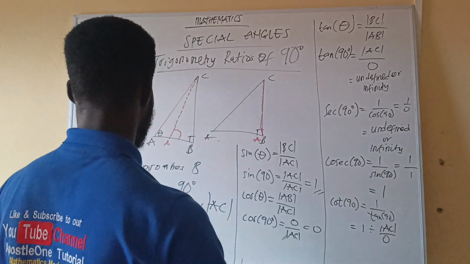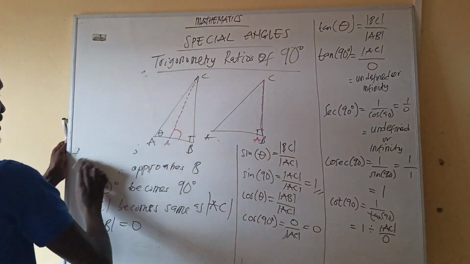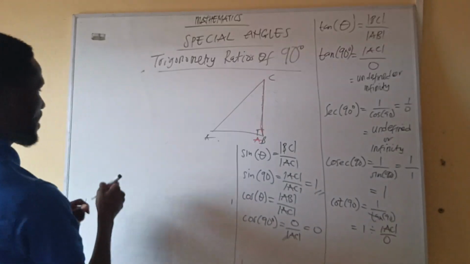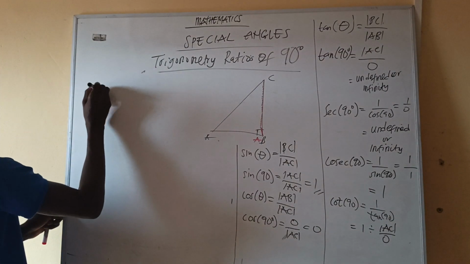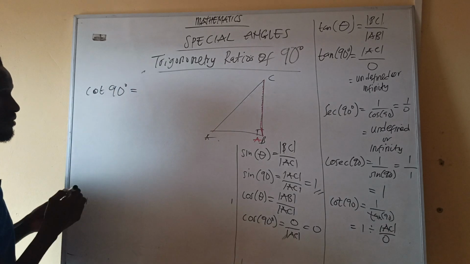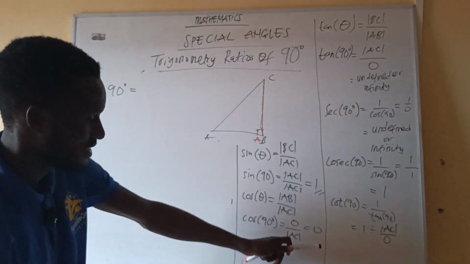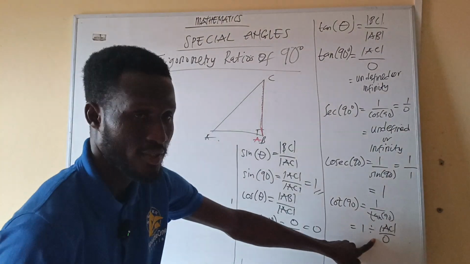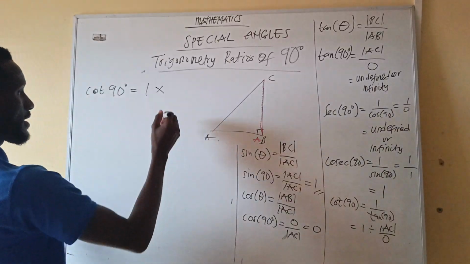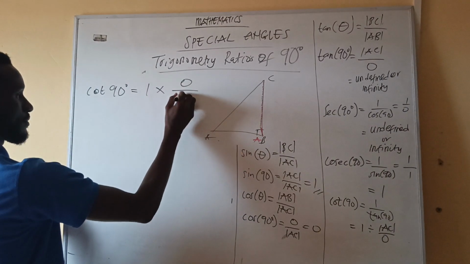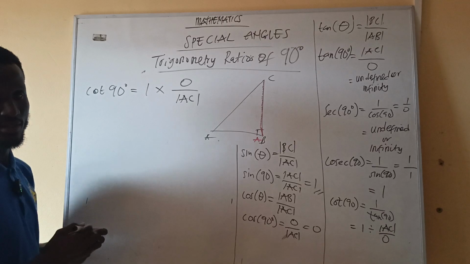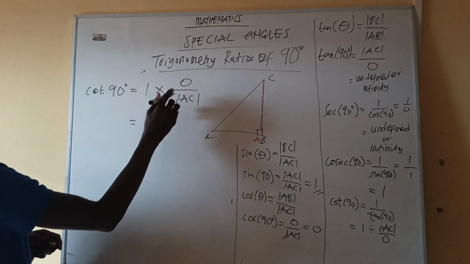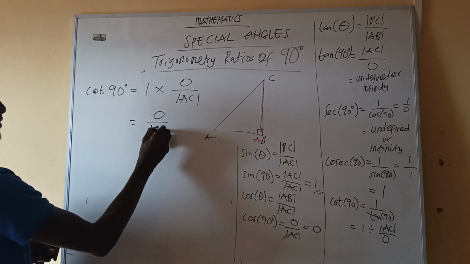Now let me reciprocate this particular fraction. We are going to get cot 90 equal to 1, change this to multiplication, reciprocate the second fraction. We get 0 divided by AC.